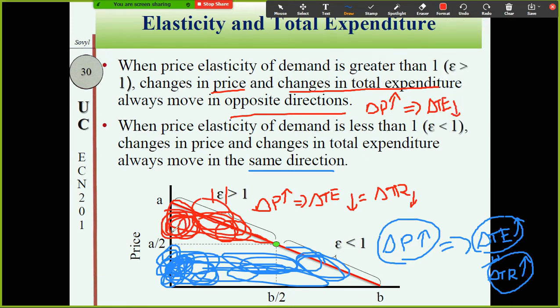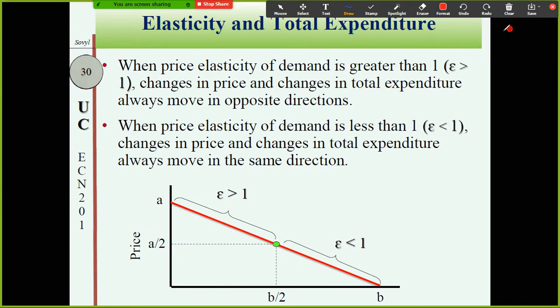For expensive products, when the price goes up, total expenditure goes down, total revenue also goes down, because of the opposite direction. Okay, so you need to remember that one.